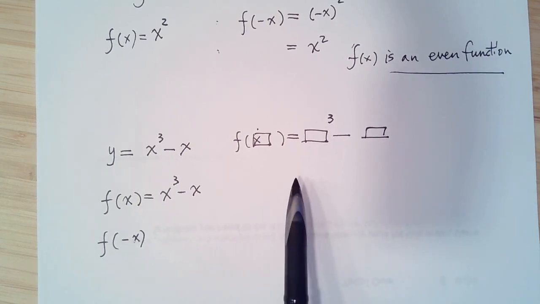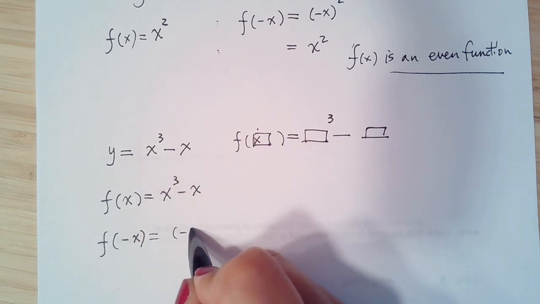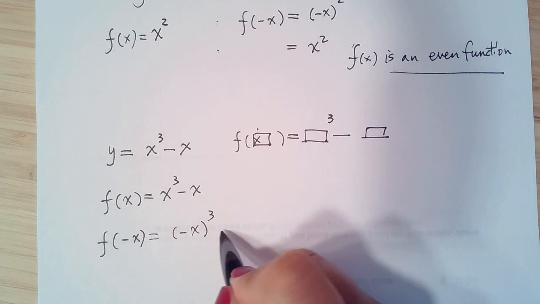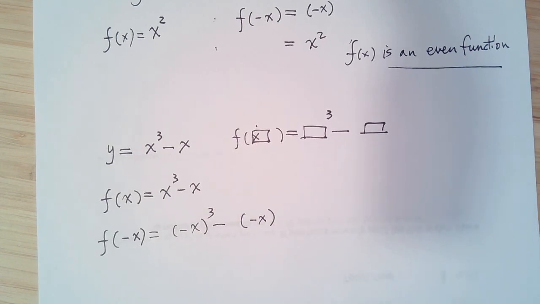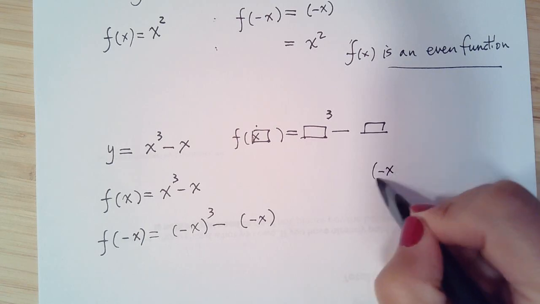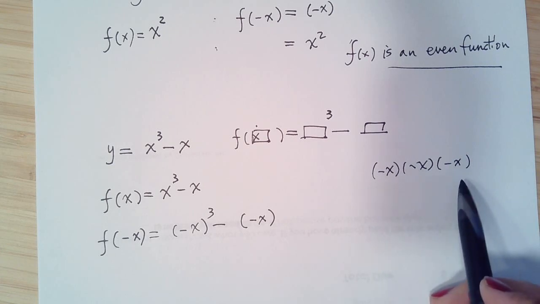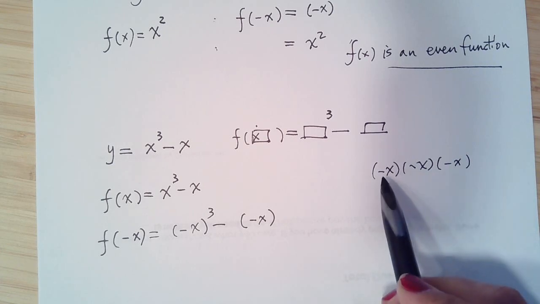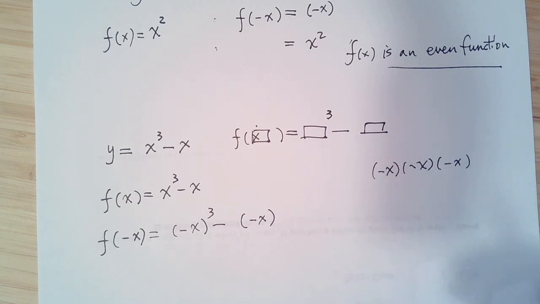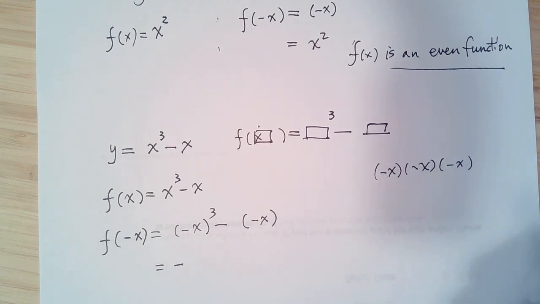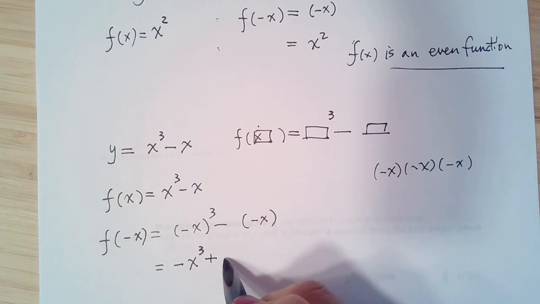Think about it: here is a negative x, negative x, negative x. So that would be negative x cubed minus negative x. Agree? And negative x cubed: negative x multiplied by itself 3 times, negative, negative becomes positive, plus one more negative. So that would be negative x cubed. And here, negative, negative becomes a plus x.